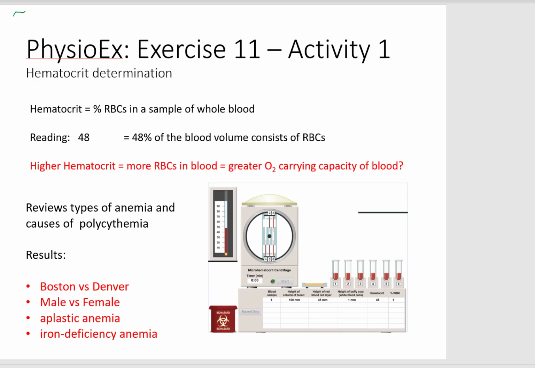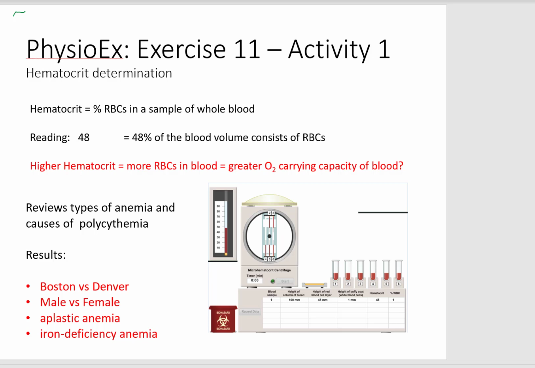So women, we have mostly estrogen, very little testosterone. Men, you have mostly testosterone, very little estrogen. And testosterone, it turns out, drives erythropoiesis more than estrogen. So that is another reason why a man is going to likely have a higher hematocrit than a female. So that was the importance of having the two different sexes.